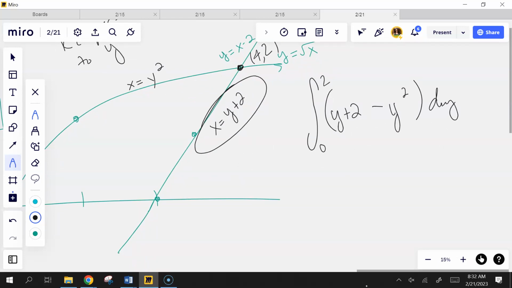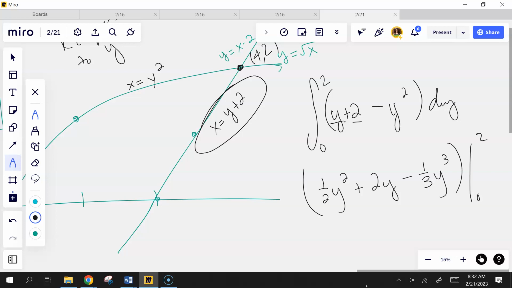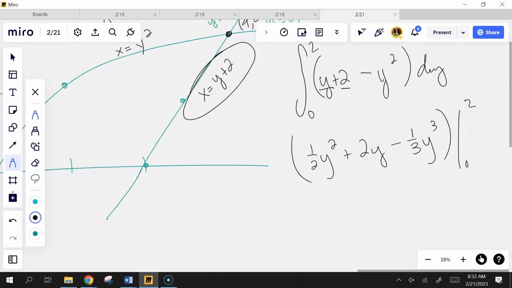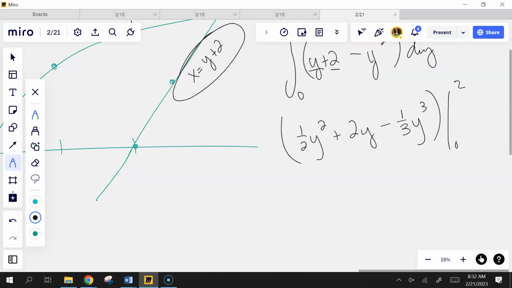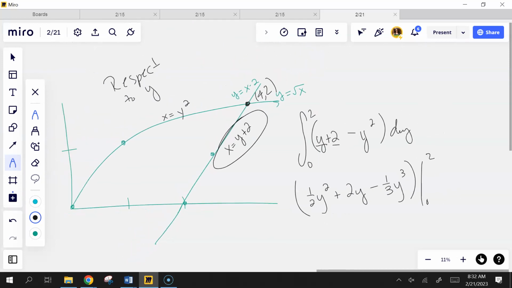So this is going to be the antiderivative of y, which is 1/2 y squared, plus the antiderivative of 2, which is 2y, minus the antiderivative of y squared, which is, of course, 1/3 y cubed. All of this from 0 to 2. And I hope when you plug in, you get 10/3 again. Fingers crossed. Because you're on your y's, right? Everything with respect to y, everything's y.